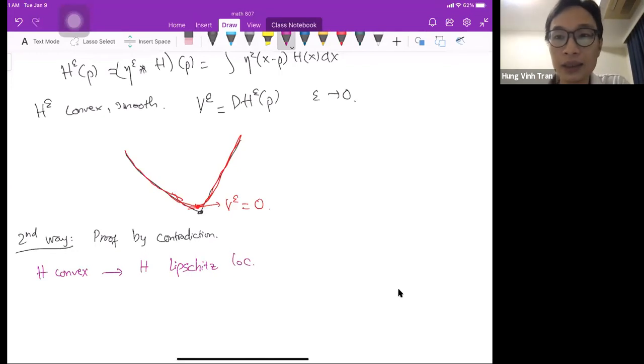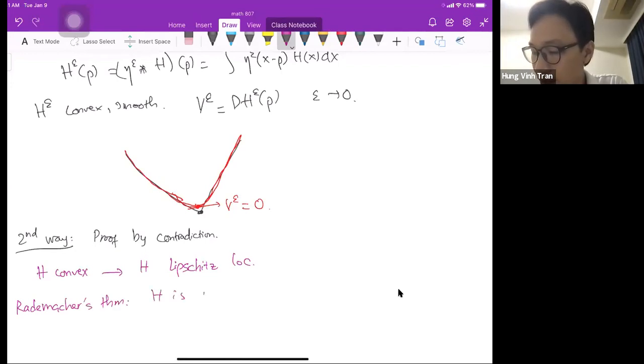If you use the so-called Rademacher theorem, then you have that h is differentiable almost everywhere. Again, I wouldn't say it's a big gun, but you're using Rademacher's theorem.